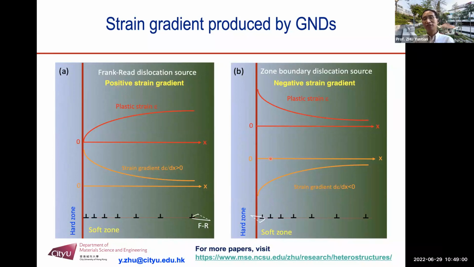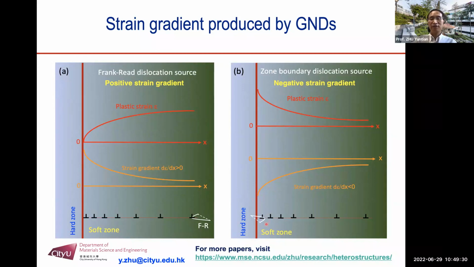On the other hand, if the dislocation source is on the zone boundary, it will be opposite. The plastic strain is higher at the zone boundary side, and becomes smaller and smaller, approaching zero, far away from the zone boundary. So if you take the derivative of that, which is the strain gradient, it will be negative.